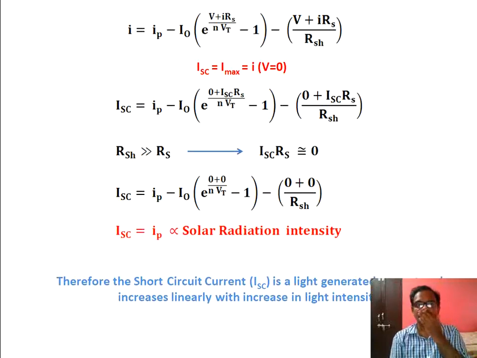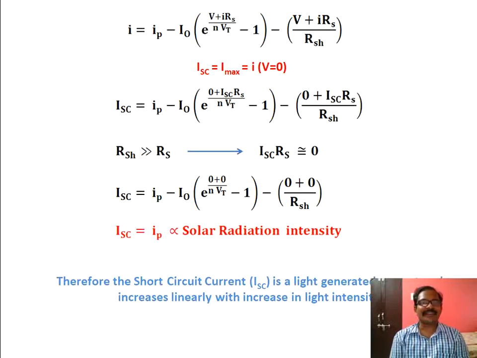We have seen the derivation of this equation in the previous video. And now what is the short circuit current? It is the maximum current drawn from the solar cell, that is the current when voltage across the solar cell is 0. That is, in the above equation, if I keep V equal to 0, then in the place of I can write ISC. I can replace I with ISC when I keep the voltage in that equation as 0.